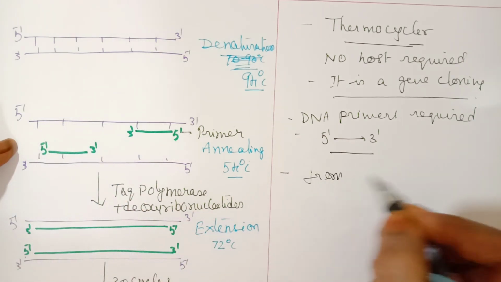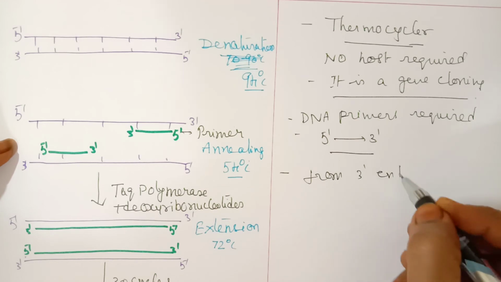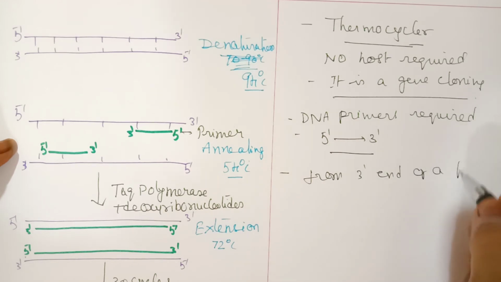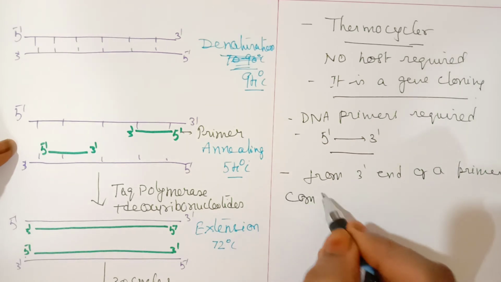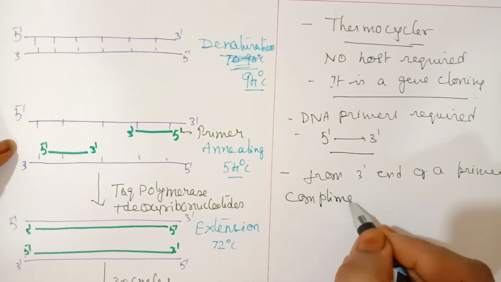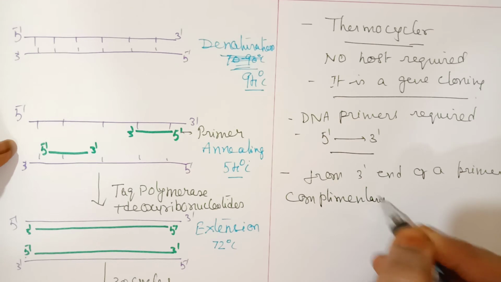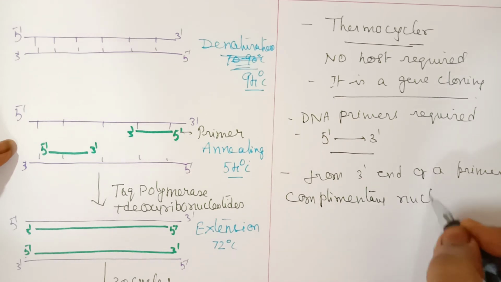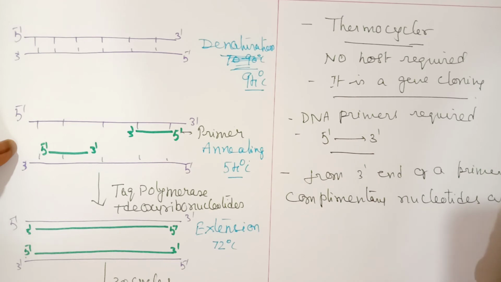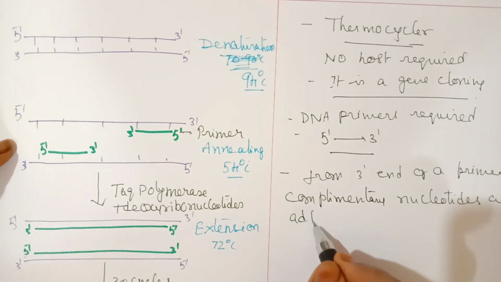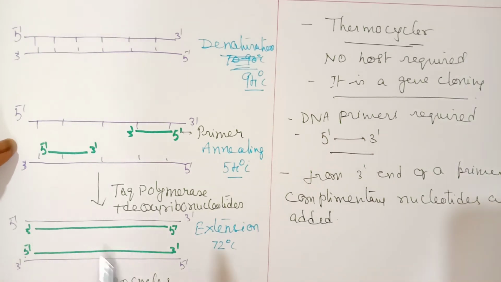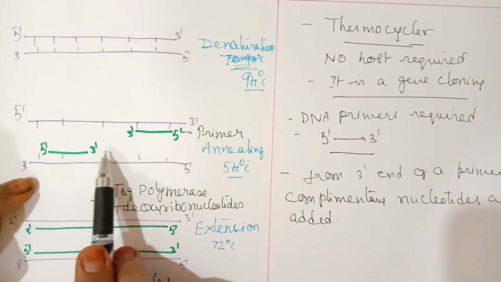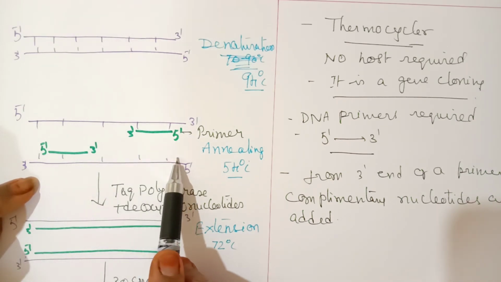From 3 prime end of a primer, complementary nucleotides are added. Similarly, if you observe the other strand also, it is from 3 prime and complementary nucleotides are added.